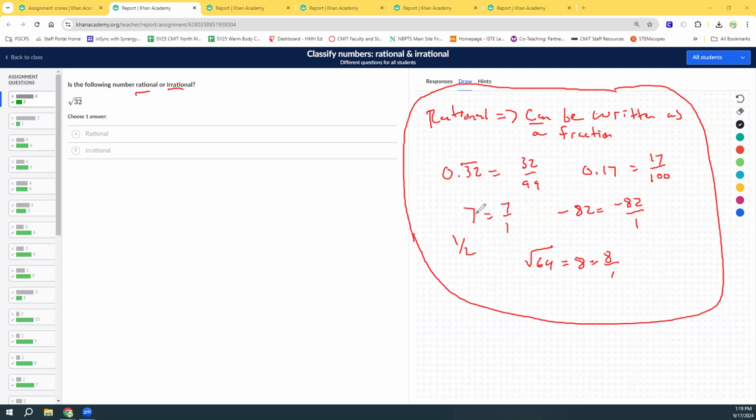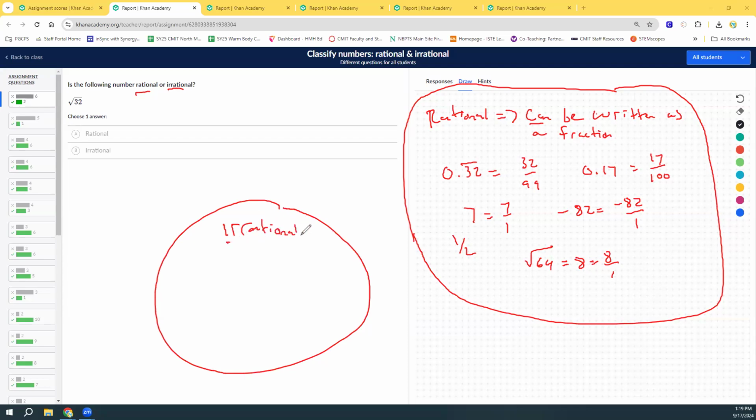But there are some that are not. So we have another circle that is actually very large as well, of numbers called irrational numbers. It's crazy. There are so many numbers that you cannot actually write as a fraction. And one of those numbers is the square root of 32. Another one would be the square root of 79.